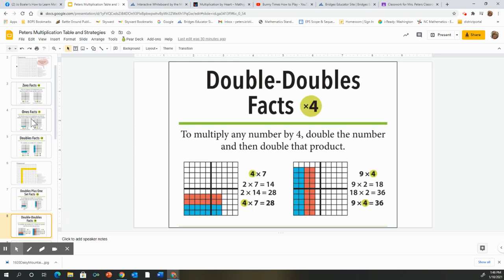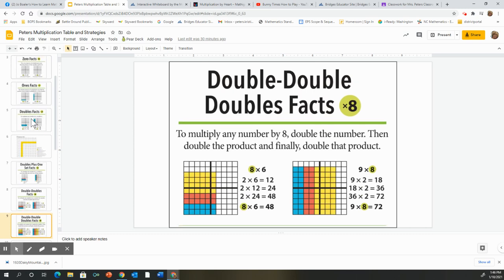Our times 4 facts we can think of as doubling a double. So for groups of 7 would be doubling 7 and then doubling 14. And as you can tell, students that are really flexible with adding numbers and understand place value definitely do much better with this, I should say.